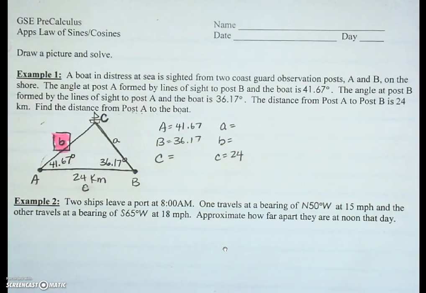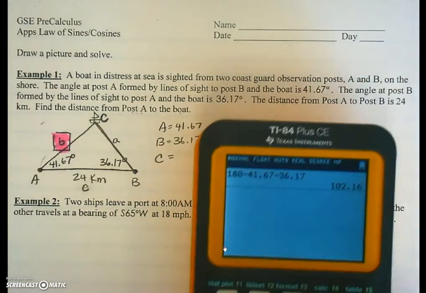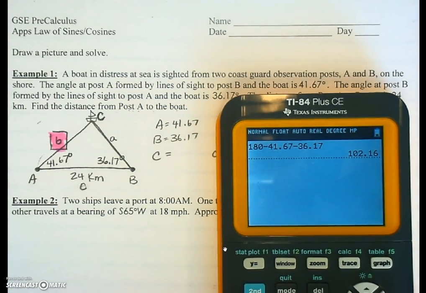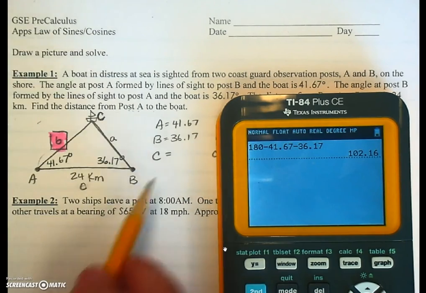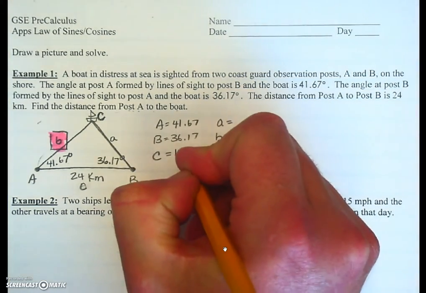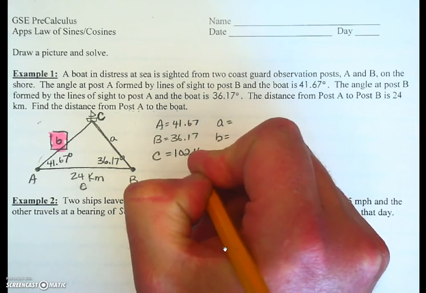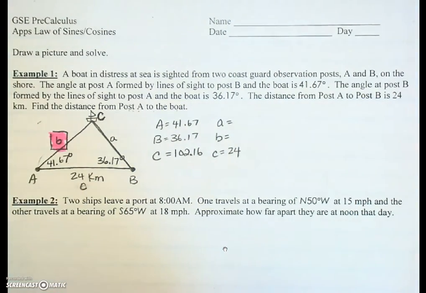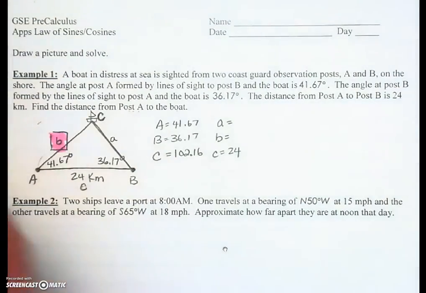So I'm going to go ahead and find capital C by simply taking 180 minus 41.67 minus 36.17. I'm just going to work that out, and that gives me 102.16. And that's going to be my capital C.